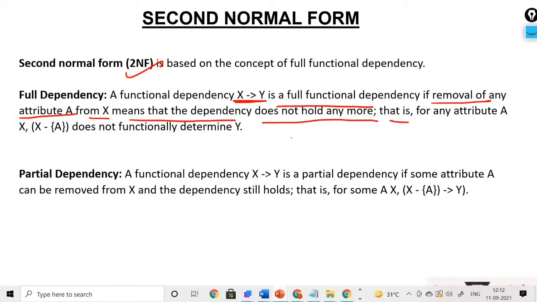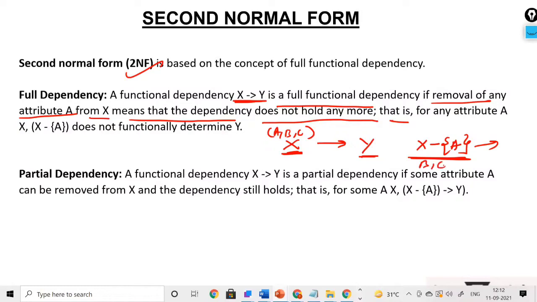Let me explain. Suppose you have a functional dependency X → Y where X is a set of attributes and Y is a set of attributes. Suppose X was originally A, B, C, and I have removed A from X. On removing A, what is left over?